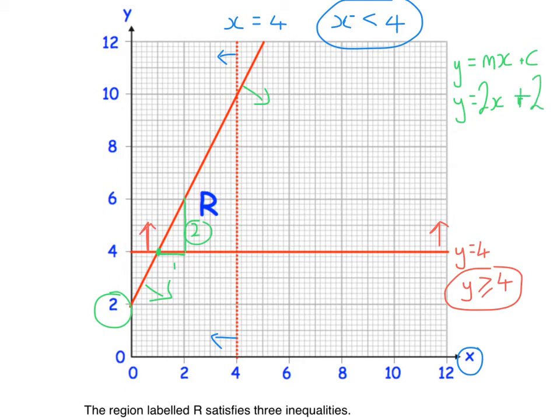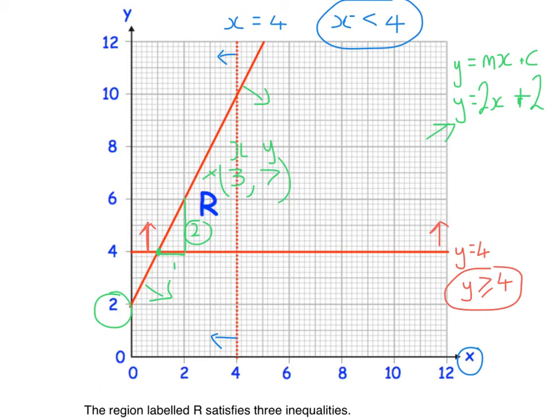I now need to decide whether it's greater than or less than, and to do this, the easiest way is to pick a point that's in the region. If I pick this point here, and this point is 3, 7, that's my x part and that's my y part, and let's substitute it into the equation that we've got.